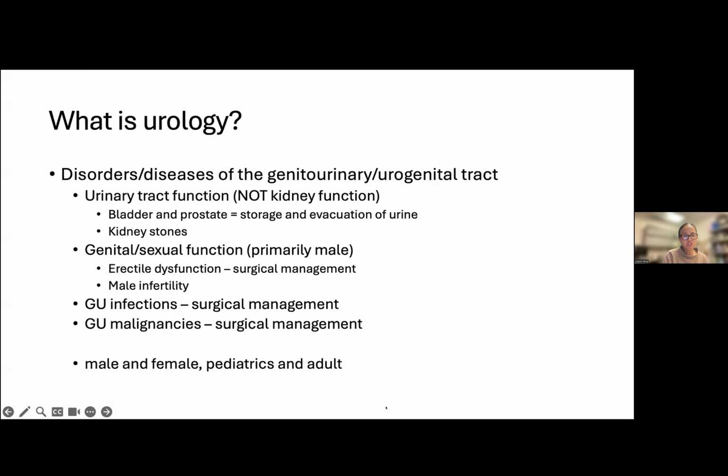primarily male genitourinary dysfunction in the manner of erectile dysfunction and surgical treatment of erectile dysfunction and male infertility. Genitourinary infections, we don't typically manage the medical side of infections, but we do manage the surgical side of infections, and genitourinary organ malignancies.